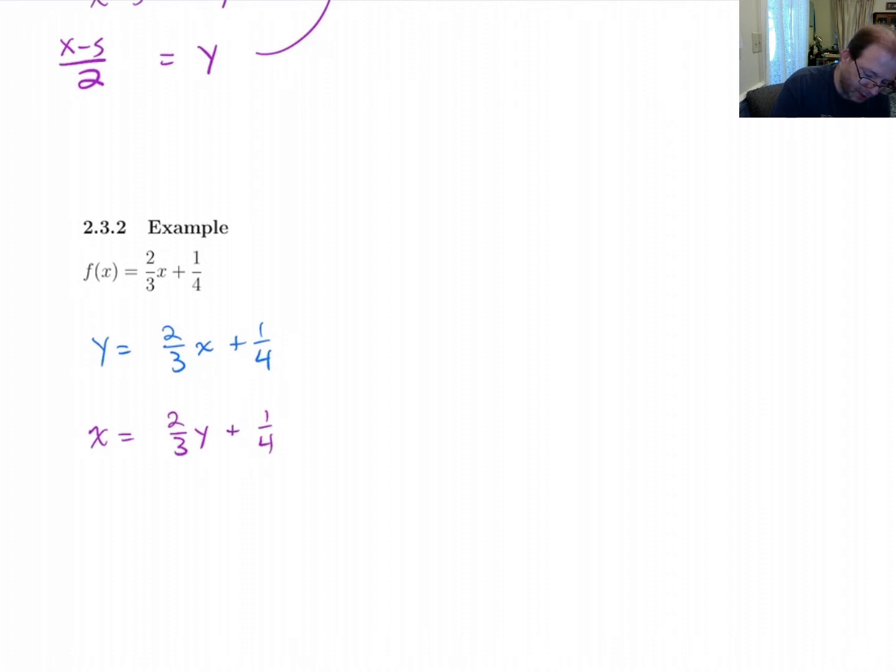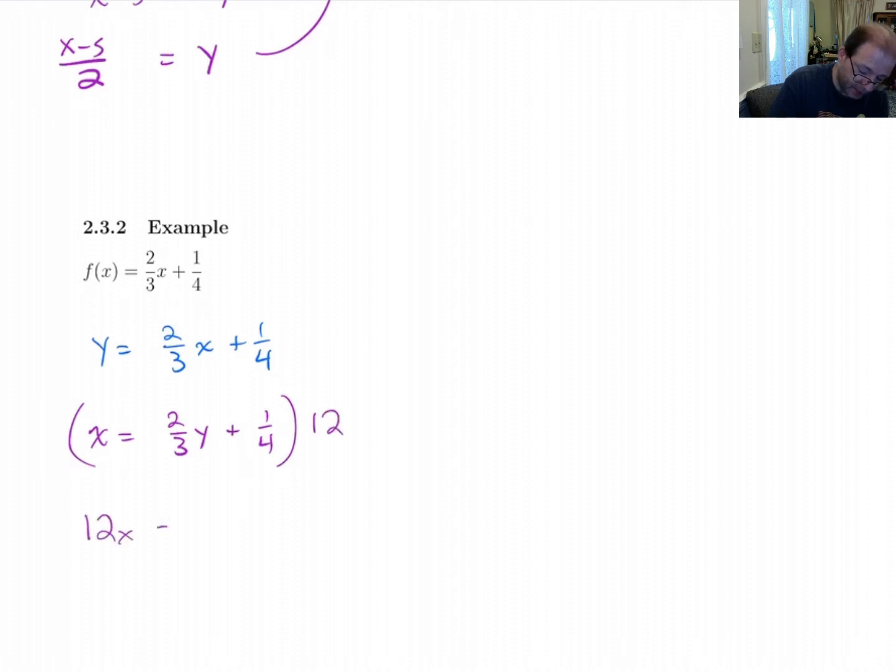And now we've got to solve for y. What I would do here, I think the easiest thing is to multiply everything by 12, because 12 is the smallest number that 3 and 4 both go into. So I'm just going to multiply the whole thing by 12.